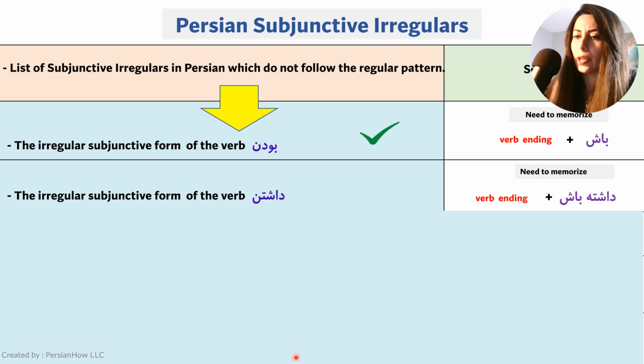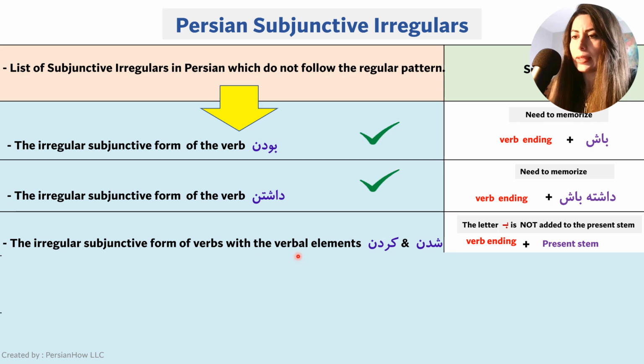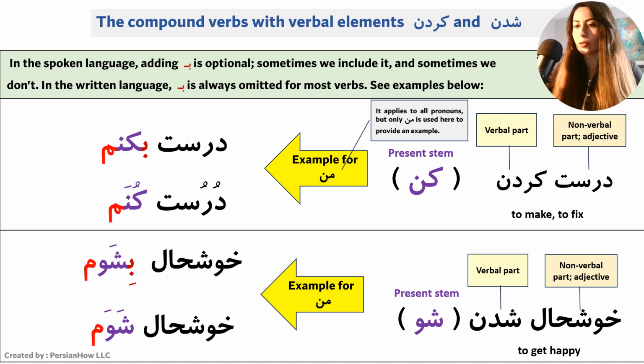We covered داشتن, and now we are going to take a look at the verbs with verbal elements شدن and کردن. So for the verbs where the verbal elements are either شدن or کردن, attaching be to it in the spoken language is optional.